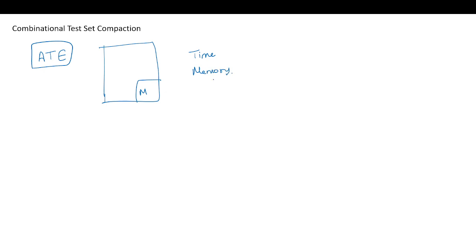If we can reduce the test set size, memory will come down and also the test application time will come down. So we want to reduce the test set size.